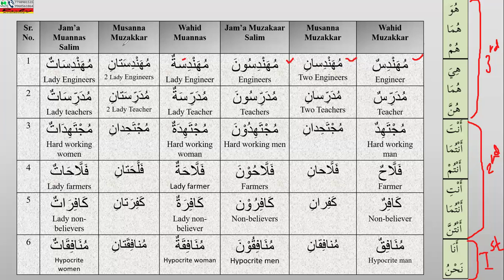Okay. Hadia, Fatima, tell me the same word using second person. Anta, antuma, antum, anti, antuma, antunna. Anta mudarrisun, antuma mudarrisani, antum mudarrisuna, anti mudarrisatun, antuma mudarrisatani, antunna mudarrisatun. Very good.